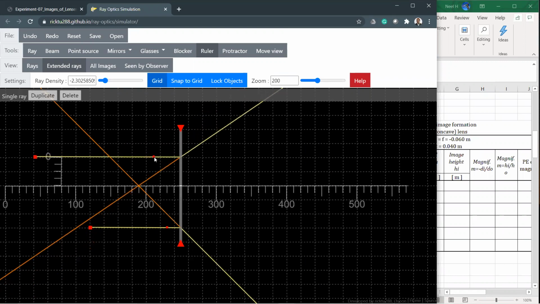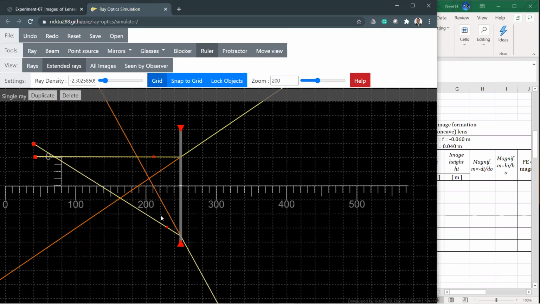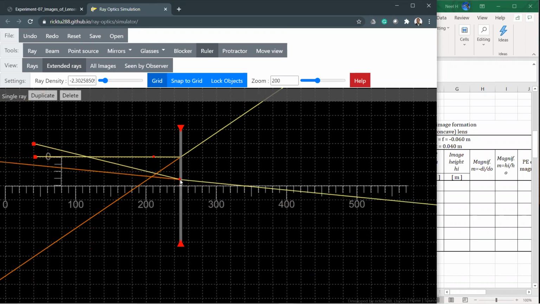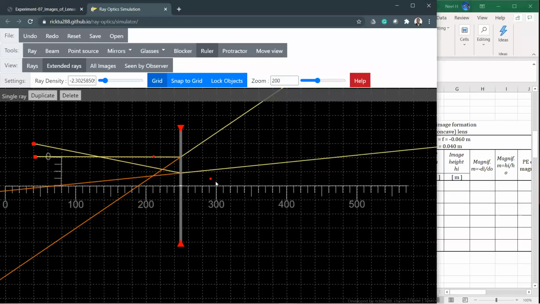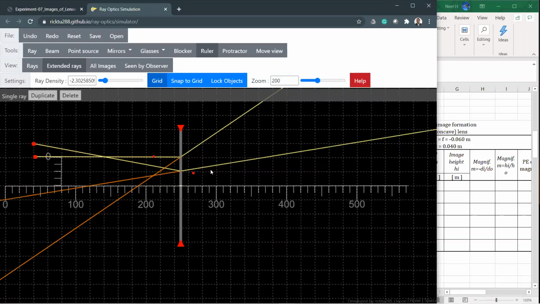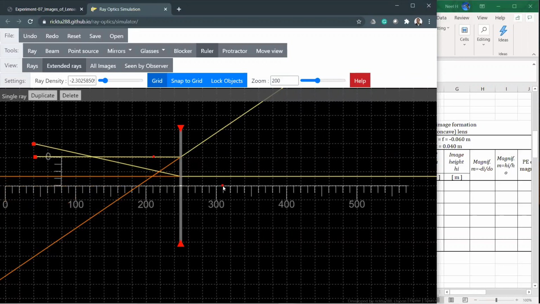It should hit parallel to the principal axis, diverge, and extrapolate through the number 6 location. And we need one more ray that we can do directly hitting this point right here, or there's another way to do this. If I bring this ray, it should look like it tries to go to the focal point on the other side. You see that this dot I'm bringing to the other side is exactly the number 6 location, right?